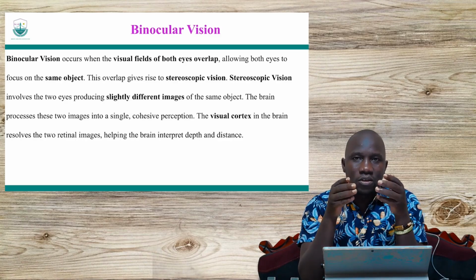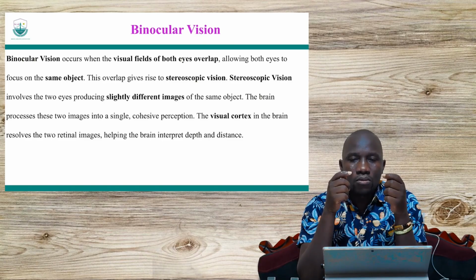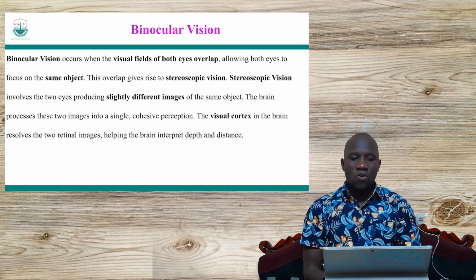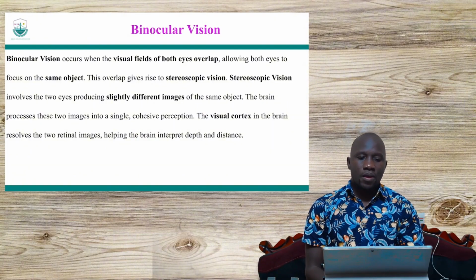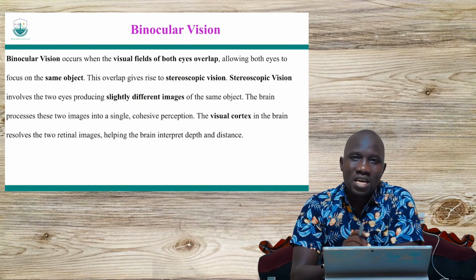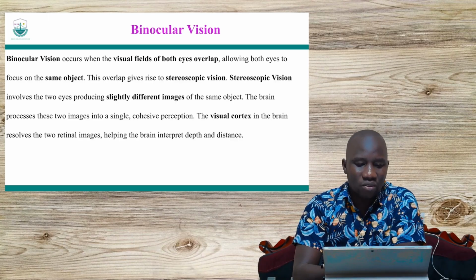Basically, you have both eyes trying to focus the same object. Now, what that gives rise to is the fact that each eye will have slightly different images of the same object that you're seeing.